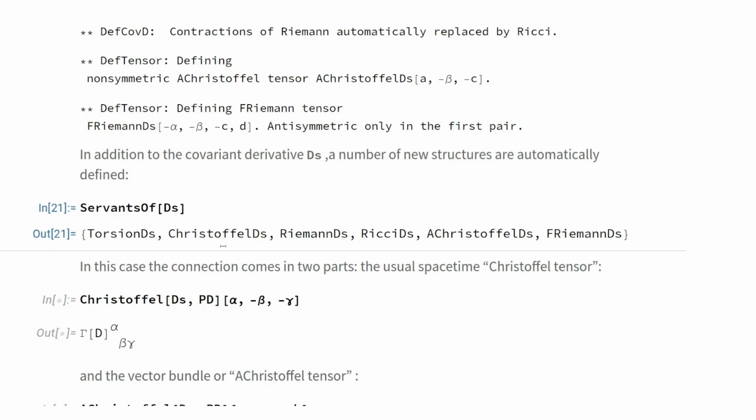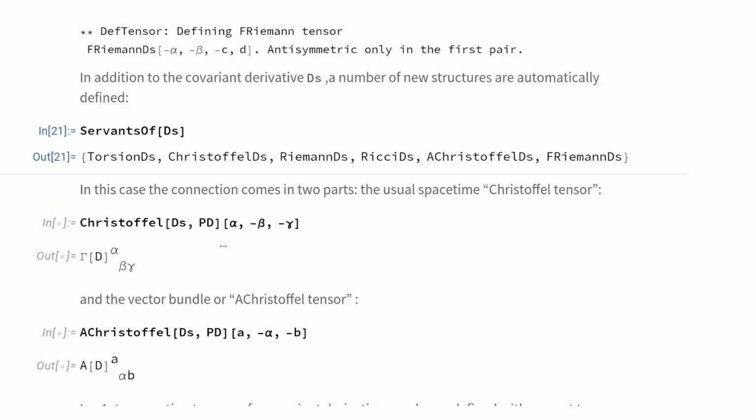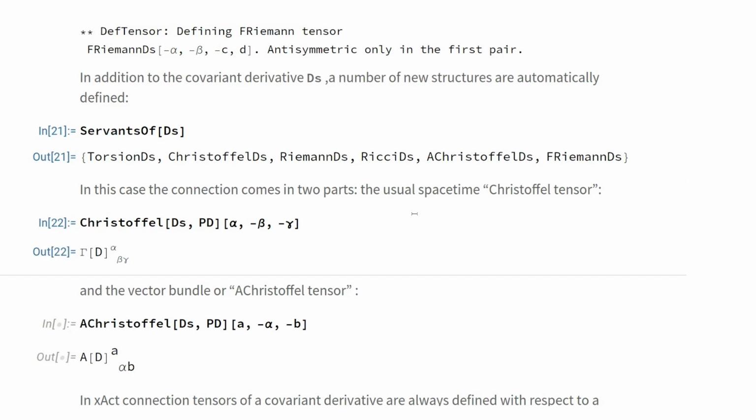Now I want to stress some of these different structures. On one hand, we have the Christoffel tensor of this covariant derivative, which is the usual space-time Christoffel tensor.